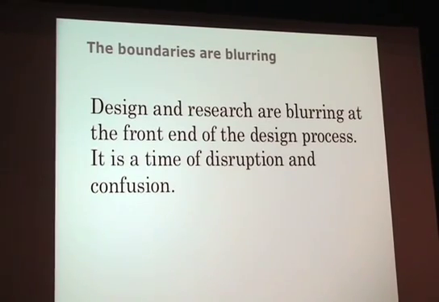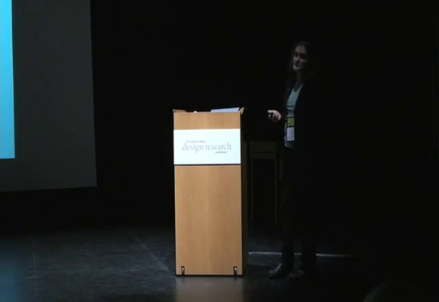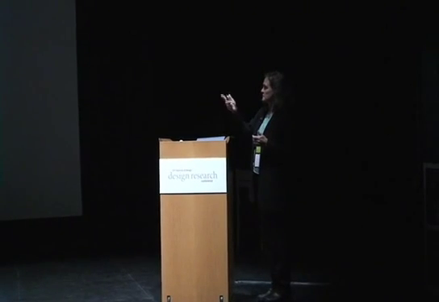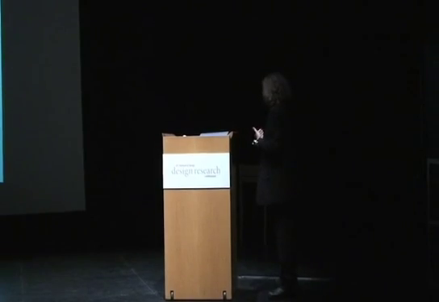Design and research are blurring at the front end of the design process, and I see that it's a time of disruption and confusion, and it's also very exciting. So here's a picture of the design process, which starts out kind of messy and confusing, and you're going a lot of different directions. Ultimately, it focuses in on something to the point where at the end it becomes very linear, and things hopefully come out done at the end.